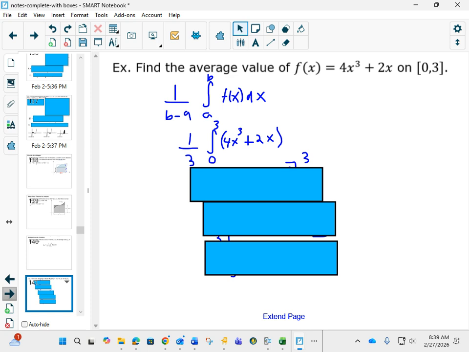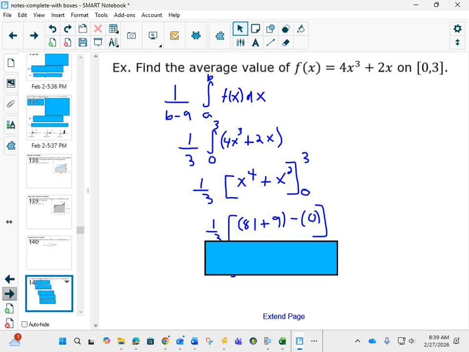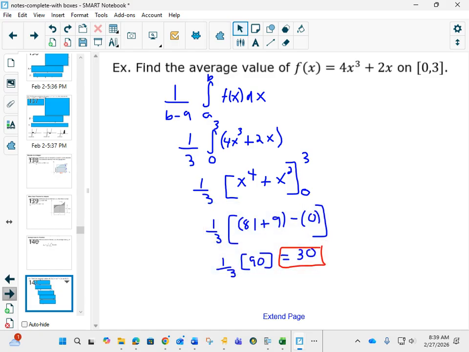We find the area of that rectangle, which is an easy integral to do. Plug in our values. And the average is 30.